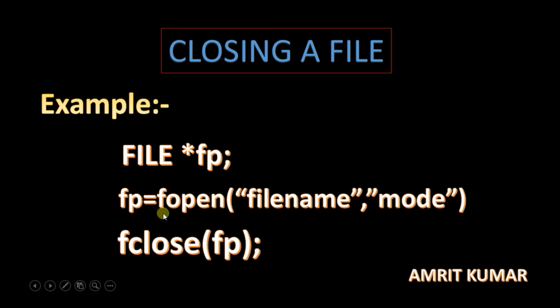Okay, so this is how you can open the file with file pointer fp. Then if you want to close the file, you have to use the fclose function like this, and you need to pass the file pointer here, which is fp. Therefore I am writing fp here for closing the file. So this is the syntax and the example through which I have elaborated how to open and close a file in C language.